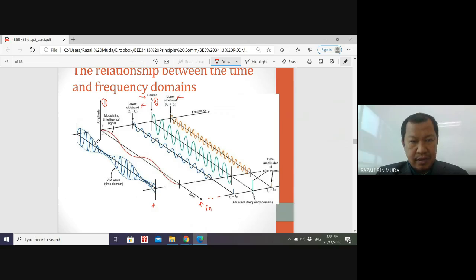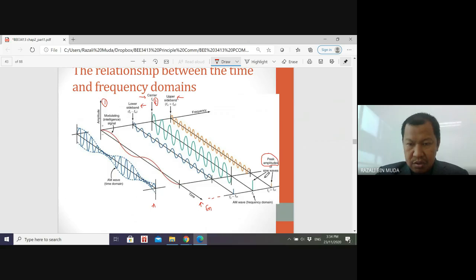So instead of time domain, we have the signal in terms of frequency domain. The frequency domain represents the signal in terms of the peak amplitude and the frequency. Here you have the amplitude of the upper sideband, the amplitude of the carrier, and also the amplitude of the lower sideband.